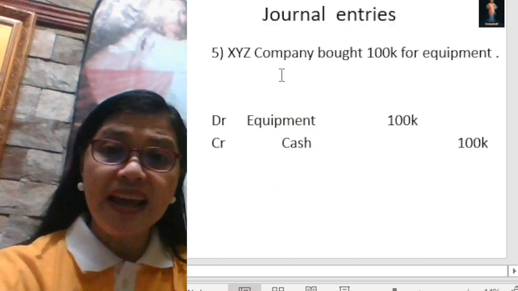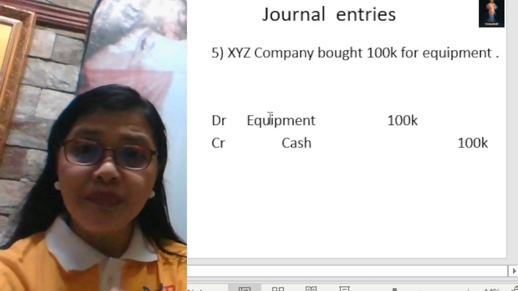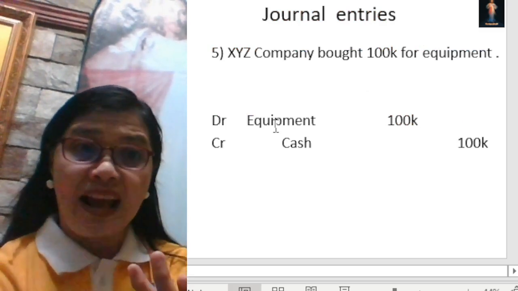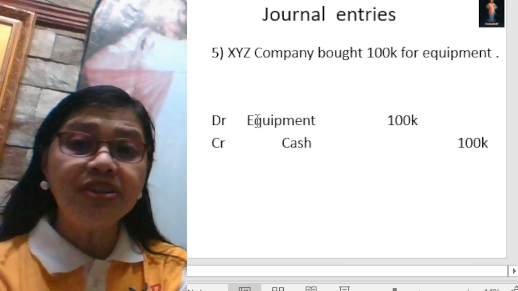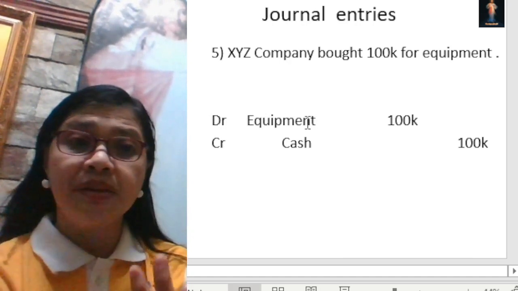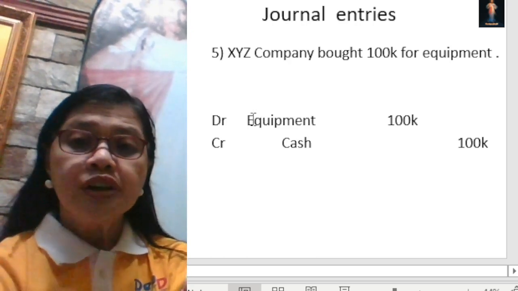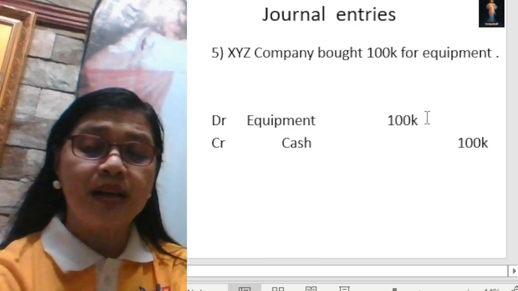Okay, so what is the entry? The entry is debit equipment because you acquired an equipment. That's an asset, and an asset has a normal debit balance, and you will increase your asset account, so you will debit it. So debit equipment 100,000.